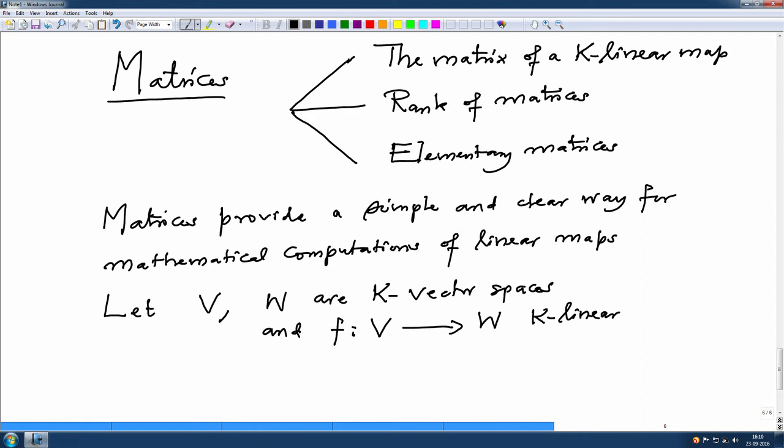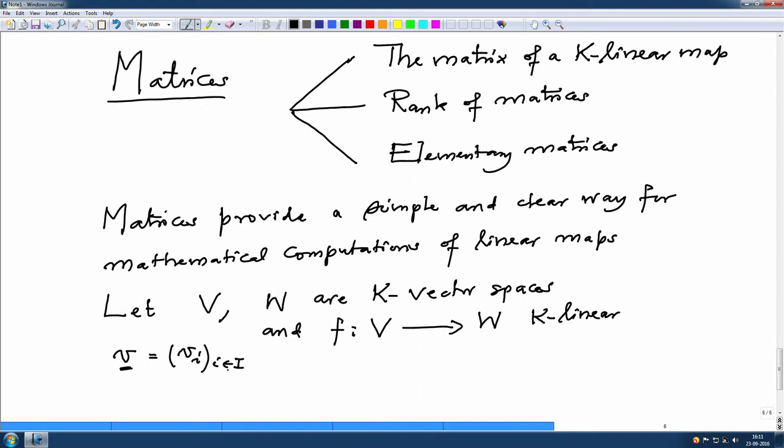To start with, I do not want to assume they are finite dimensional, but eventually I will assume they are finite dimensional. Okay. And we have seen that if I have a basis of V, I will denote it by Vi, with round brackets.